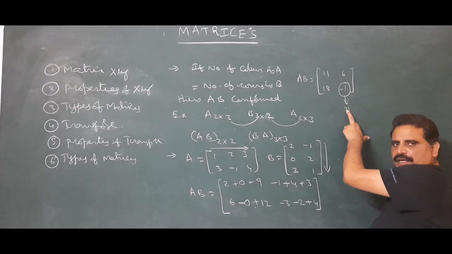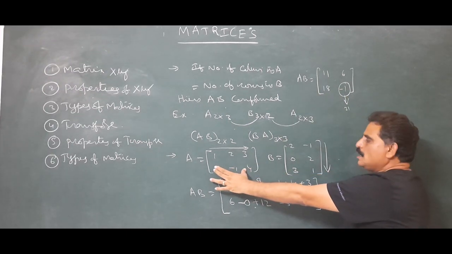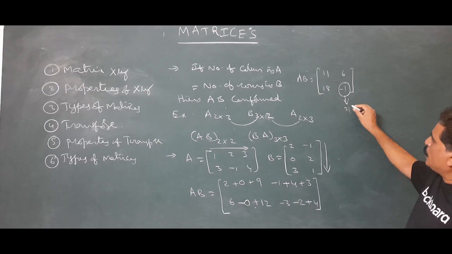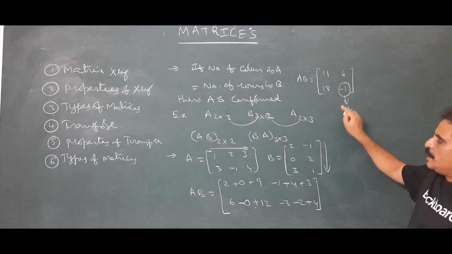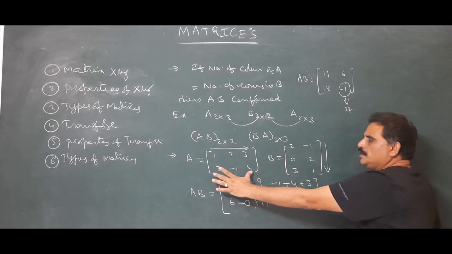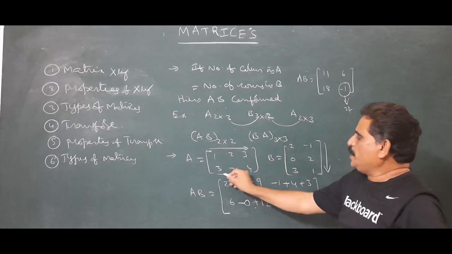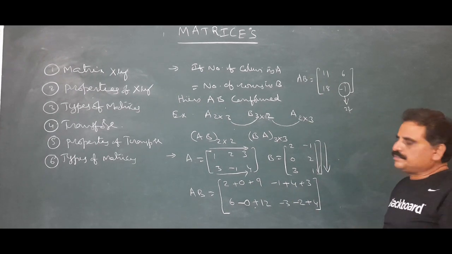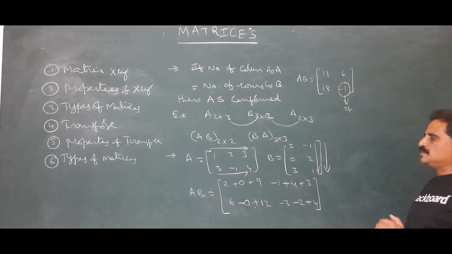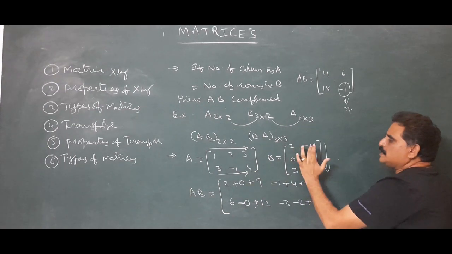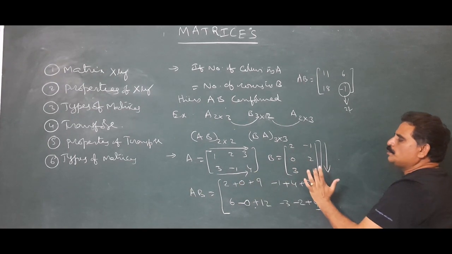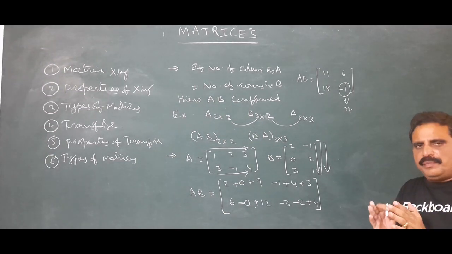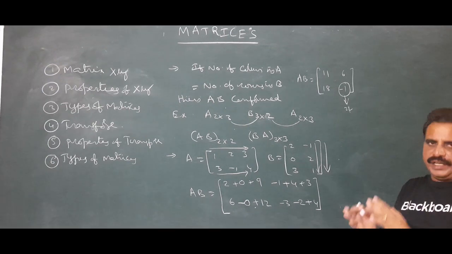You have to take the second row in the first matrix and the second column in the second matrix. The sum of the products is minus 3, minus 2, plus 4. So if you want a particular element in the product, we can take that.